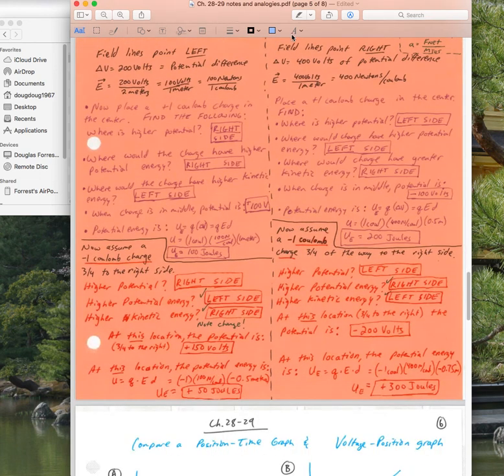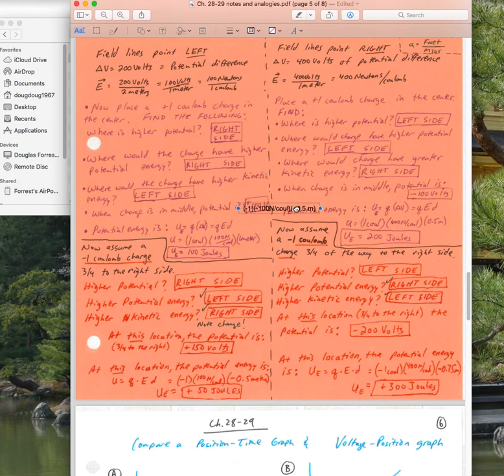I think I'm going to say that this is going to be negative 1 times negative 100 newtons per coulomb times positive 0.5 meters.